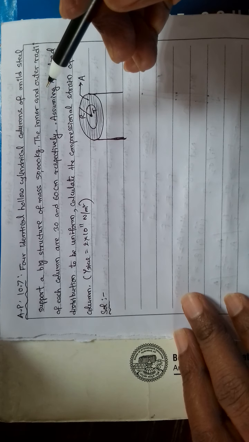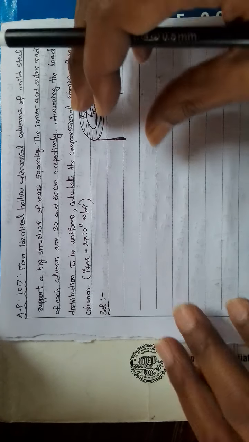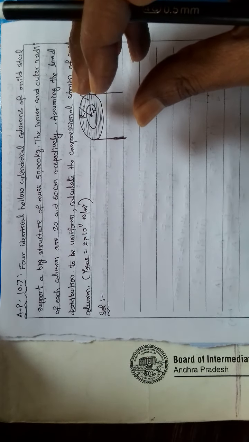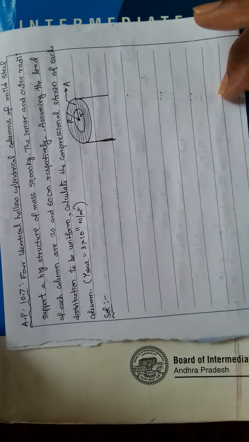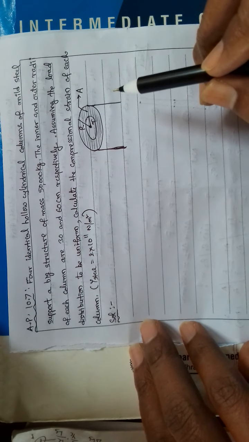See, this problem resembles the solved example 10.3, where a person carries furniture on his two thighs like this. Here a big structure is supported by 4 columns.